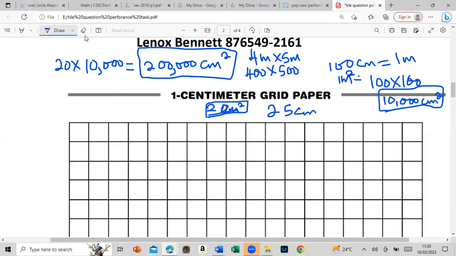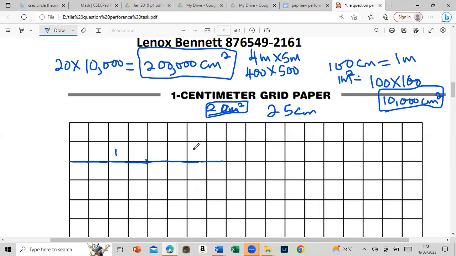Remember that it takes 100 centimeters to make one. So let's go now. This is going to be 25, 50, 75, 100. This actually represents 1. So I'm going to do a 4 by 5. So this is 1, 2, 3, 4.